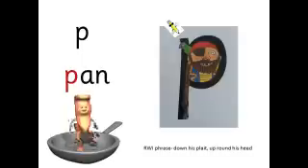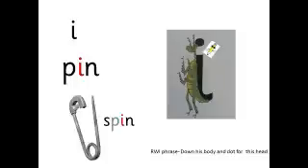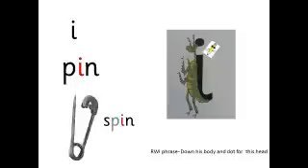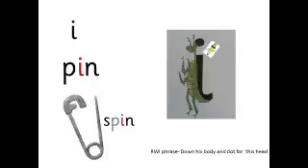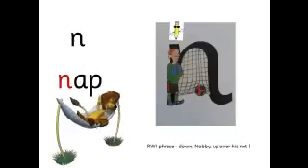An, pan. Down his plait, up round his head. Put in, pin. Down his body and up for his head. The pin is spinning. Ap, nap. Down Nobby, up over his net.